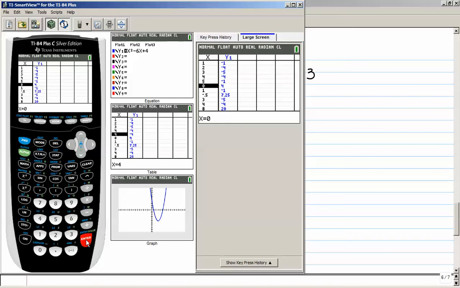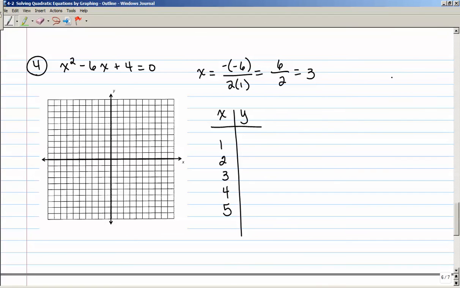There we go. So that gives me negative 1, negative 4, negative 5, negative 4, and negative 1. Let's put those in our table. Negative 1, negative 4, negative 5, negative 4, negative 1. I'm a little concerned because I'm not seeing a 0, nor am I seeing the numbers go from positive to negative. Let's take a look at the graph and see what this looks like when we graph it.